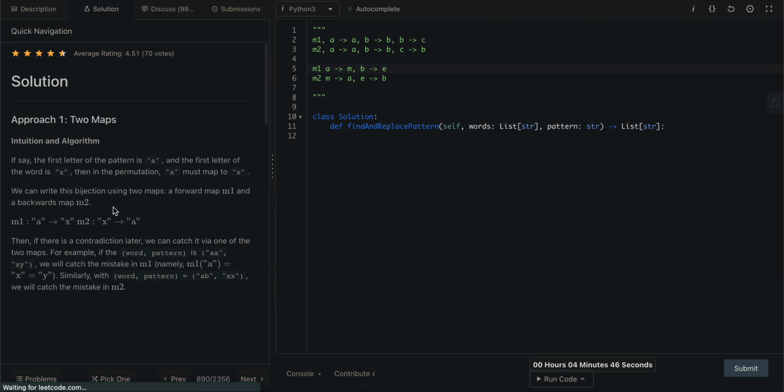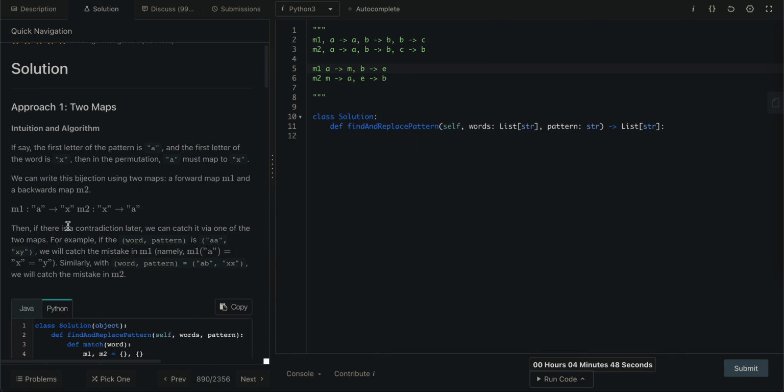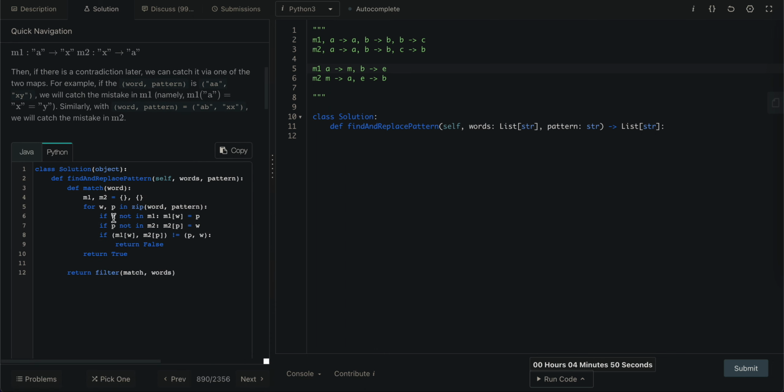Let's go through the solution again. If the character in the word is not in M1, put it in M1. If the character in the pattern is not in M2, put it into M2.